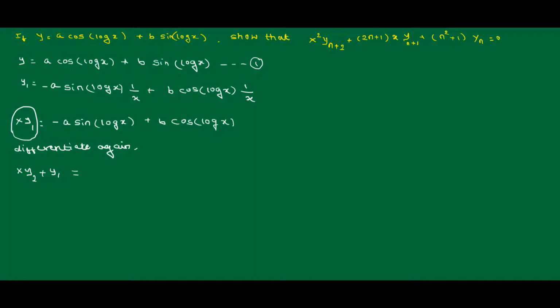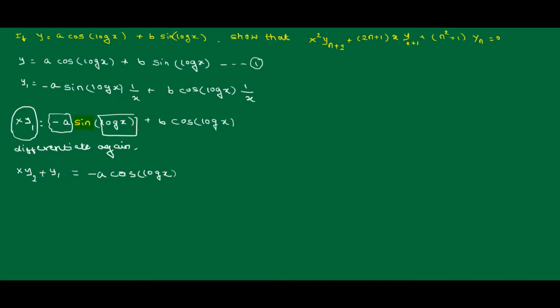So left hand side we have differentiated by using product rule. Now in RHS, this minus a is constant. Minus a is constant. I will write as it is. What is the differentiation of this sine x? Differentiation of sine term is equal to cos term, and then log x as it is. That is, differentiation of sine log x is cos log x. And then what is differentiation of this log x?